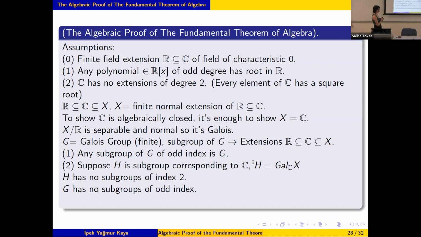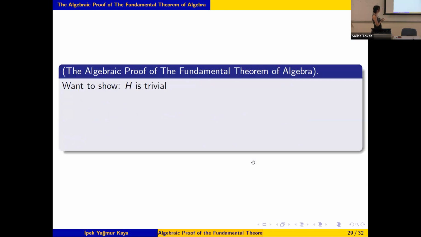And so G has no subgroup of index 2 containing H.